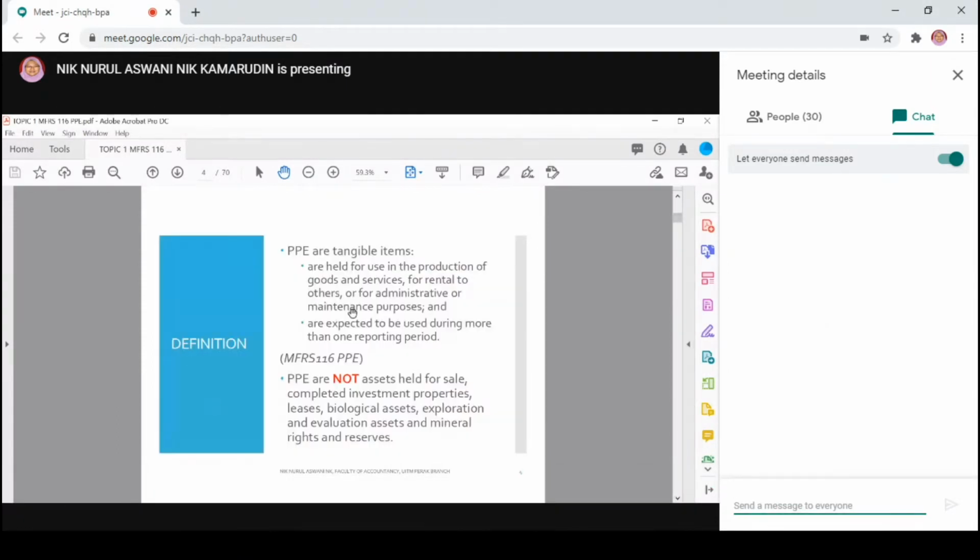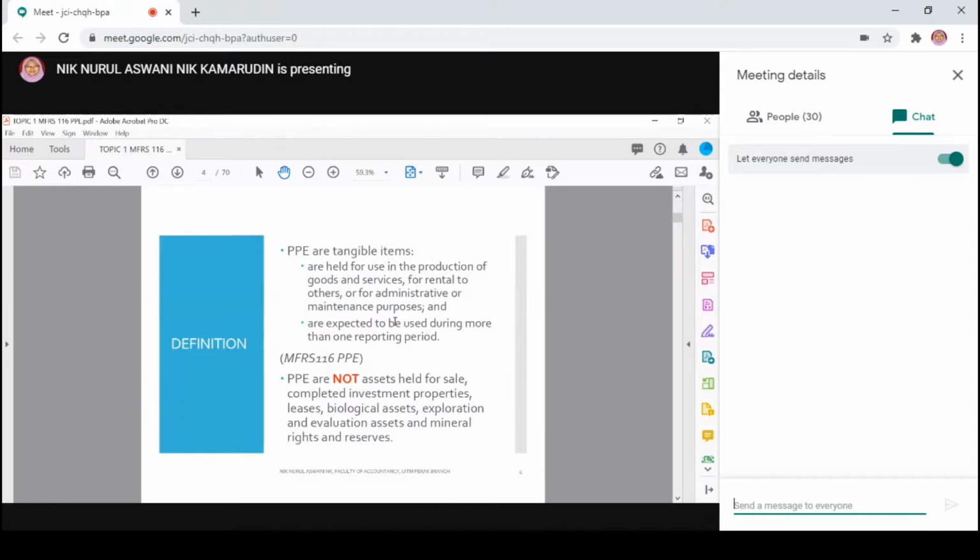All right, the definition. These are the keywords that I'm looking for. When I mark your question, usually I'm looking for these keywords. I'm looking for tangible, then for what purpose, and then how long you are going to use the asset. So PPE are tangible items held for use in the production of goods and services, rental to others, and/or for administrative or maintenance purposes, and are expected to be used during more than one reporting period.